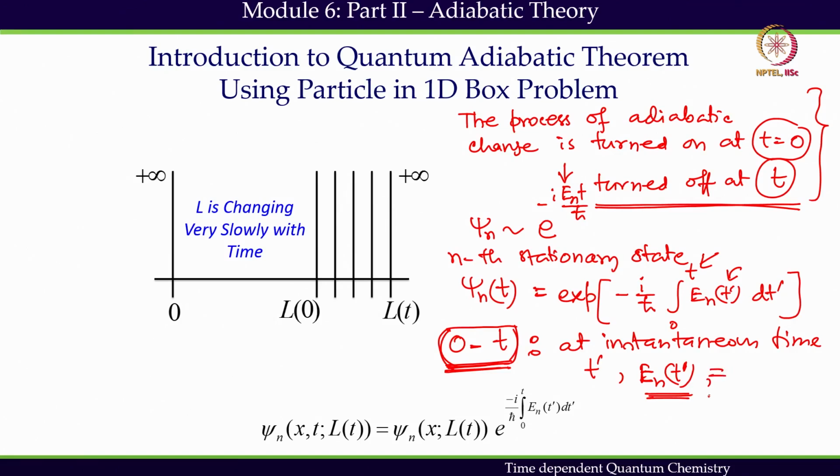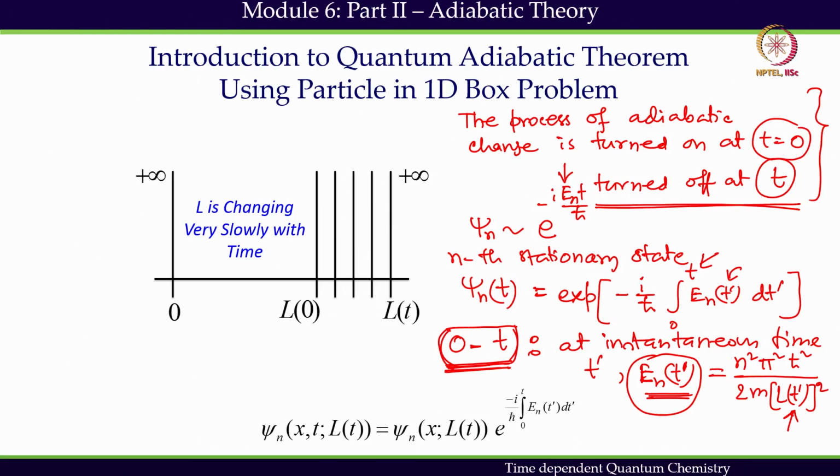This is going to be n square pi square h cut square divided by 2m L(t dash) square. So at that time, what would be the length? That length will decide the energy of the nth eigenstate.